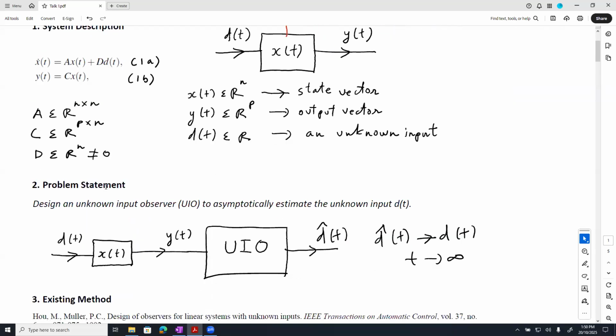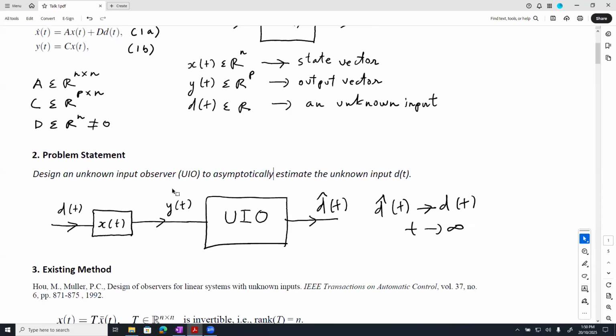So we would like to consider the following problem. We would like to design an unknown input observer to asymptotically estimate the unknown input d of t. The key word here is asymptotically.